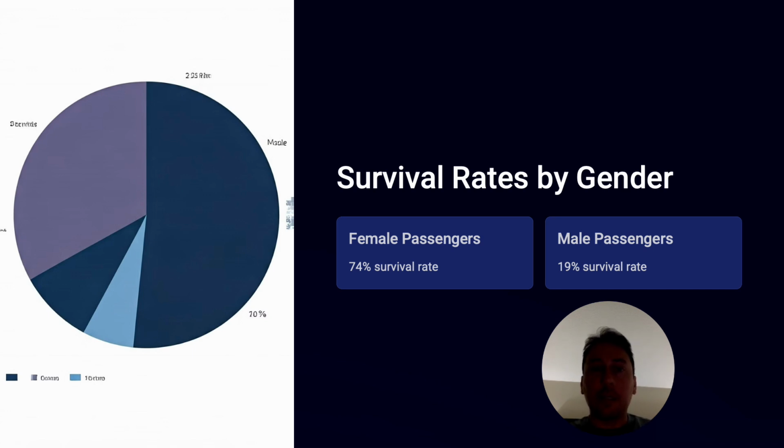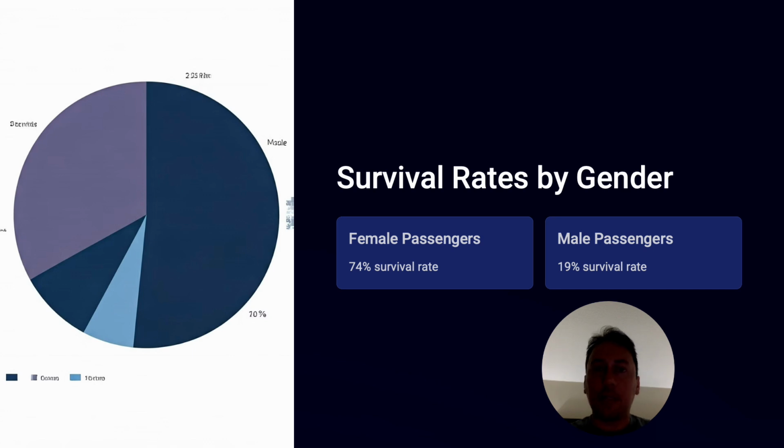This is because the prevailing practice at the time called for women and children first. When women and children were being evacuated from the ship, they were given lifeboats ahead of men. The survival rate for female passengers was almost three-fourths.